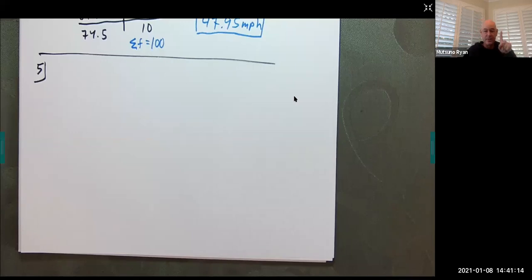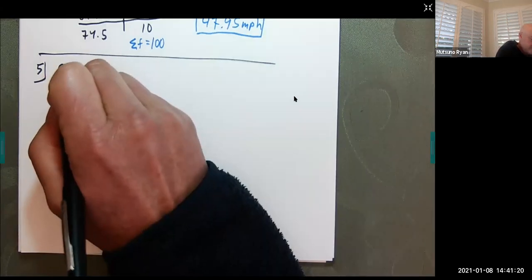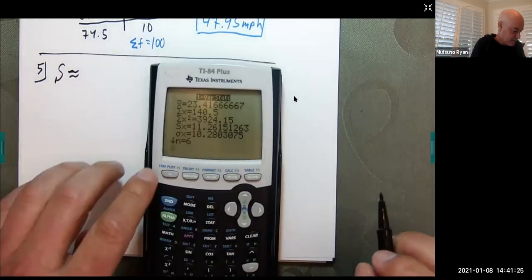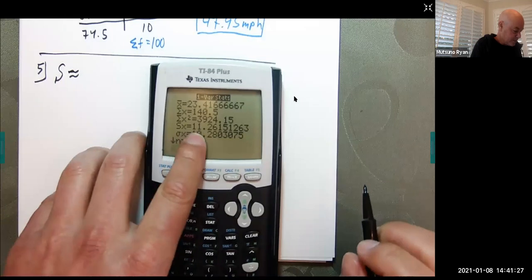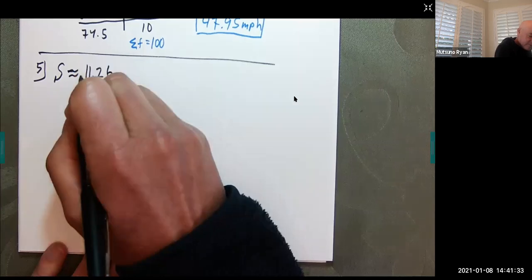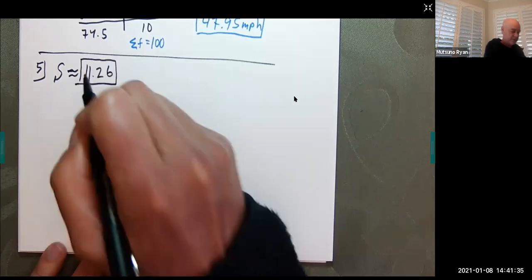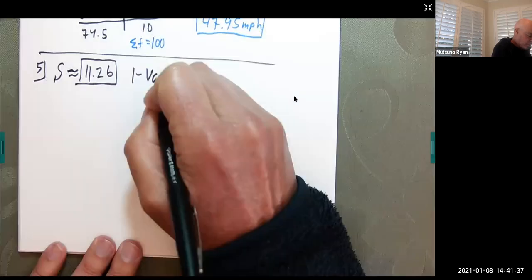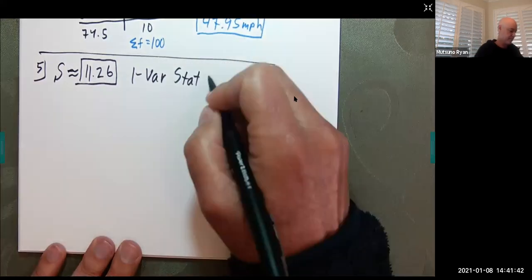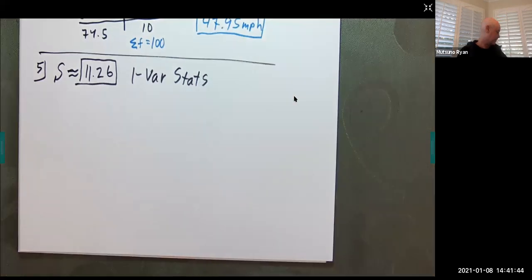So there was 1 decimal place, so we're going to round it off to 2, because they want 1 more than that. So the sample standard deviation is right here, 11.26. Again, you're using one variable statistics. You get a lot of good stuff out of that.